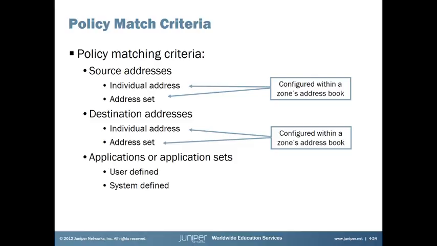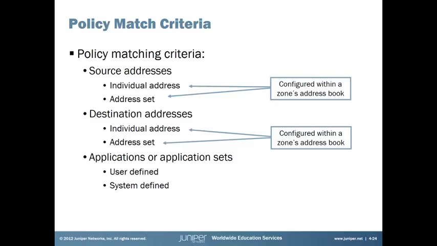In the zone in which the source address or source interface resides, you create something called an address book, where you give the IP address a name. Let's just say the name might be FTP server, and my FTP server's address is, in our case, 10.10.40.11.